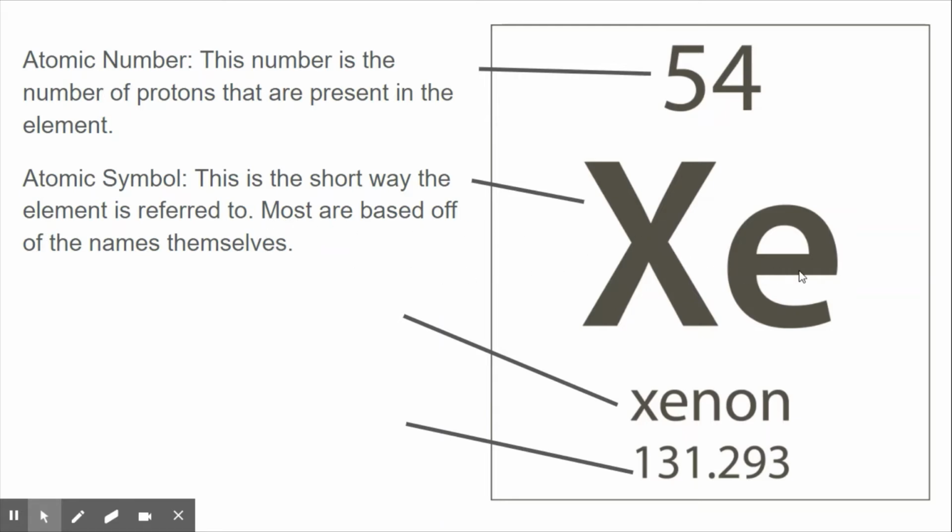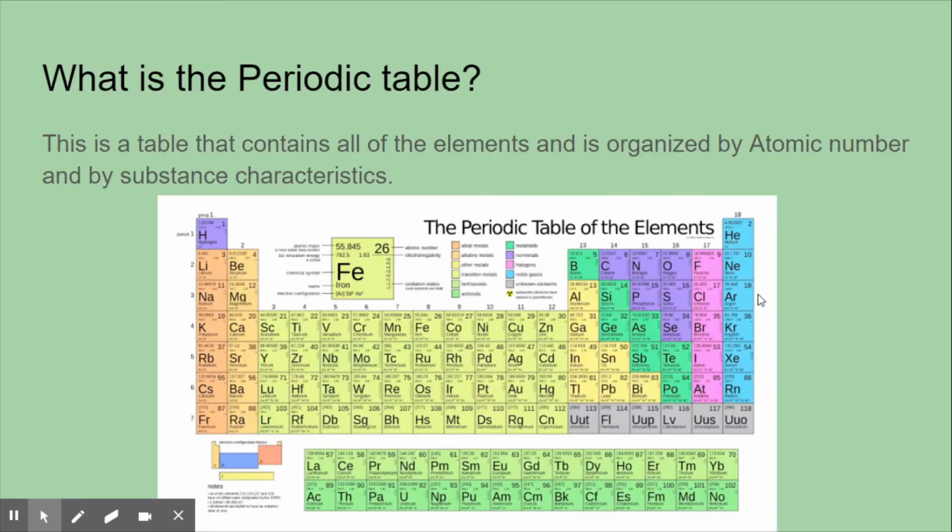Most of these symbols are based off of their names. In some cases, that's not what happens though. For example, on the periodic table, you'll notice number 11, the symbol is Na. This is actually the element sodium. The reason for that is because the original name for sodium, I believe, is natrium, which is either the Greek or Latin name it comes from, and so that's why it's Na.